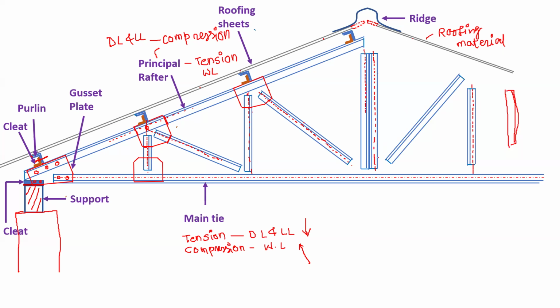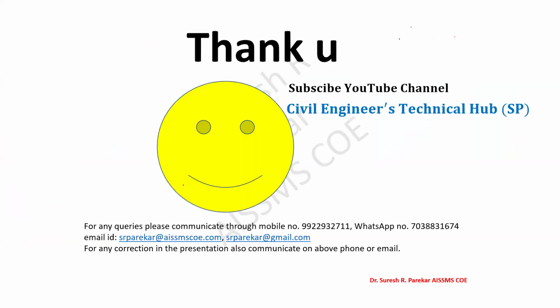So the total weight will act at the centroid of the truss, and therefore we have to put it on opposite faces. Likewise we have to go for the different parts or different elements of the trusses, and you have to draw them in your sheet. So now we will stop here only. So thank you.